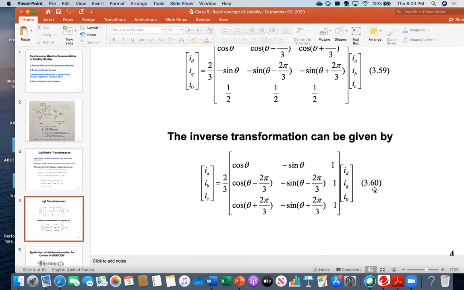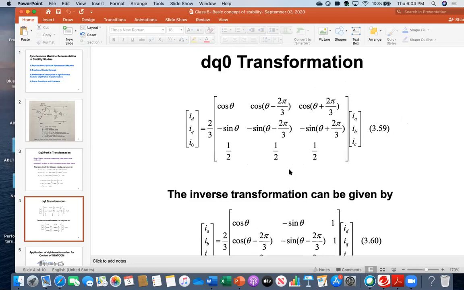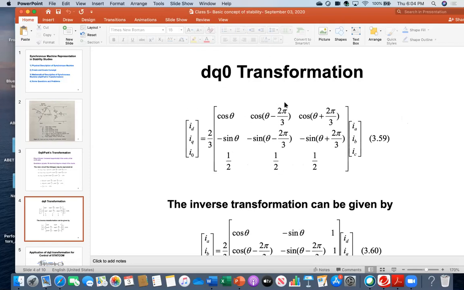This means that now if you know ID, IQ, and I0, you are analyzing, you got those three quantities. Now plug in those numbers here, and with the help of this matrix, you will get back to IA, IB, and IC. So that's why it is called the inverse Park transformation. And this is called the direct Park transformation or DQ0 transformation.